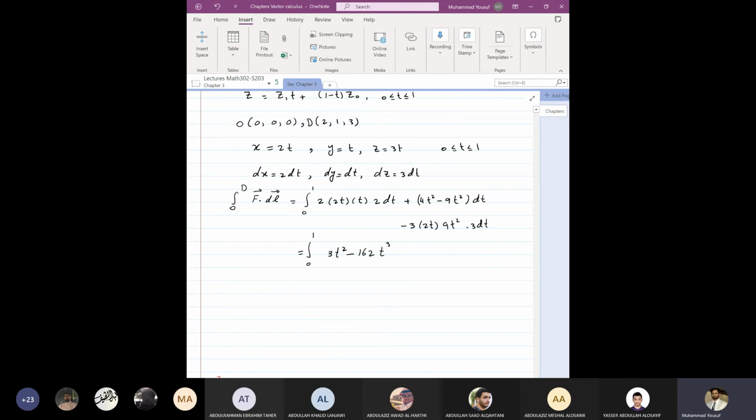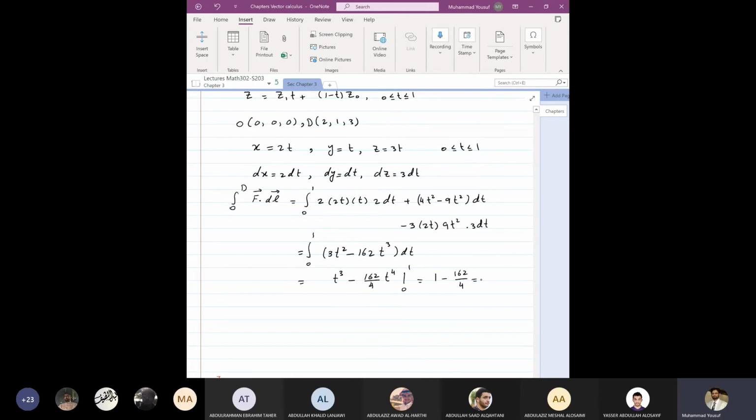So we have this one, and all these are with the dt. So this is equal to t power 3 minus 162 divided by 4 t power 4, from 0 to 1. Apply the limits, and you get 1 minus 162 over 4.